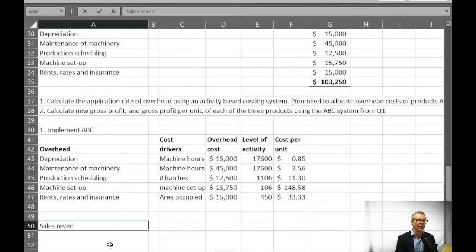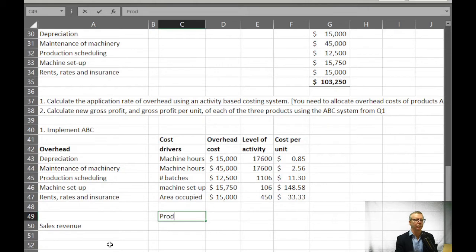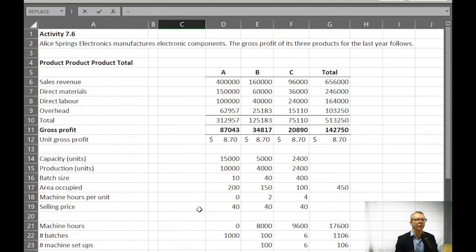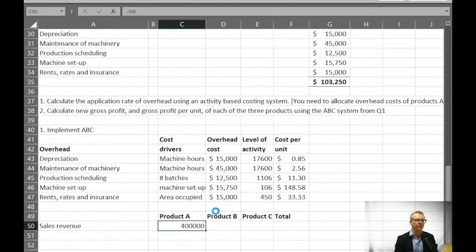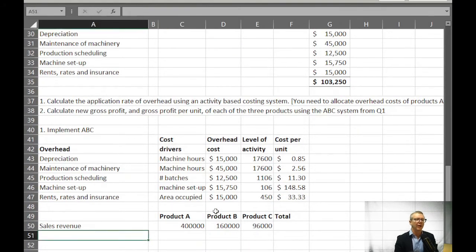So I've got the sales revenue, and I'll do product A, product B, product C, and we can get a total. And let's put all of those in bold. Sales revenue won't have changed. It's the same sales revenue that I've had before. The direct materials and the direct labor won't have changed either.